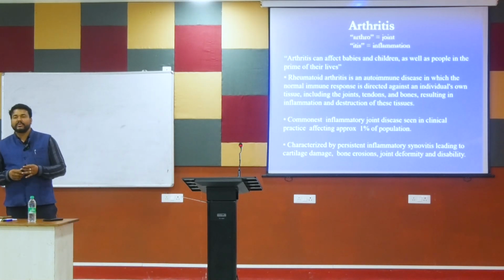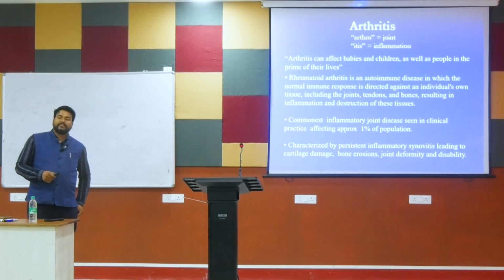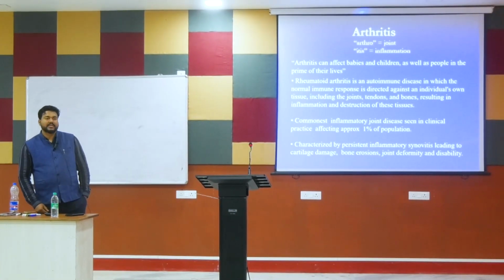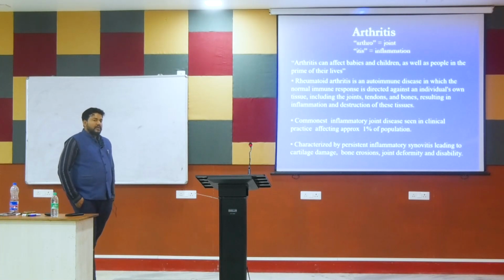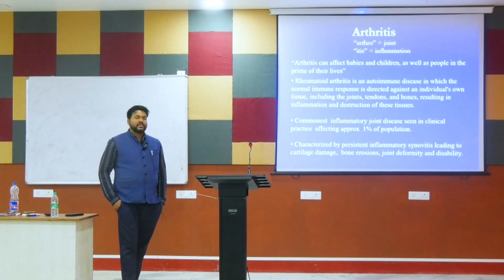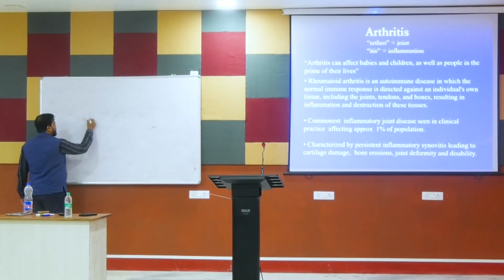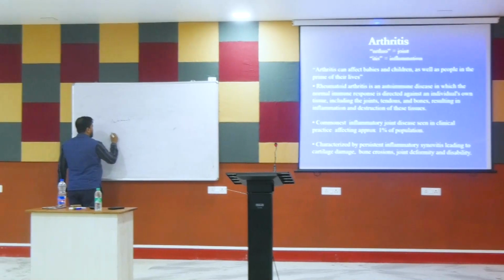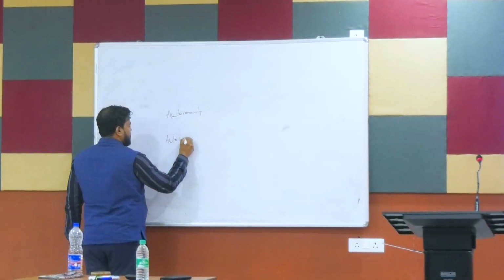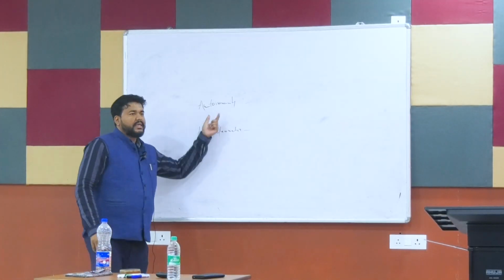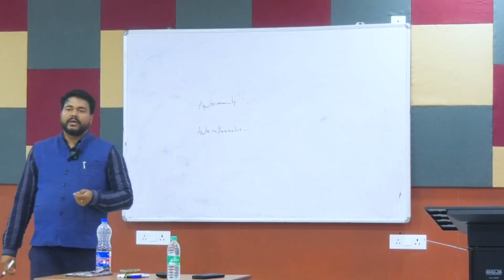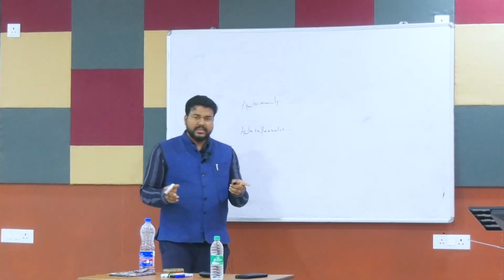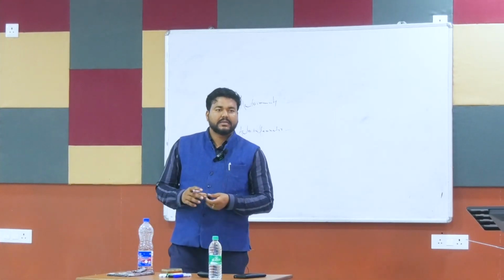One is autoimmune disease and another is autoinflammatory disease. Have you heard the term autoinflammation? So one is autoimmunity and the other is autoinflammation. Autoimmunity is an abnormality of the adaptive immune system. There are two types of immune system, one is adaptive and one is innate.